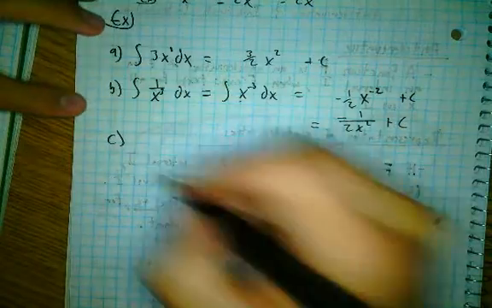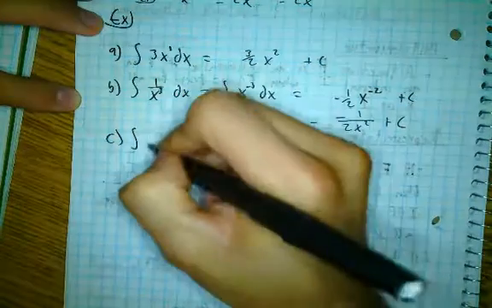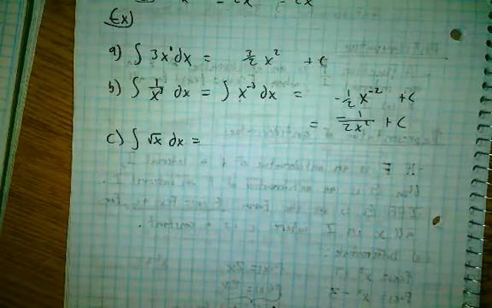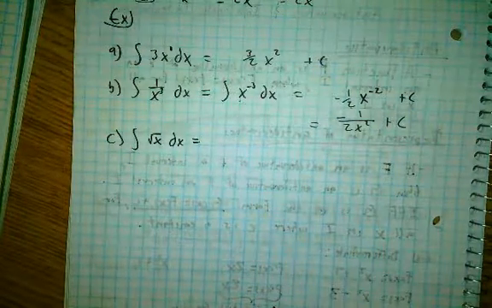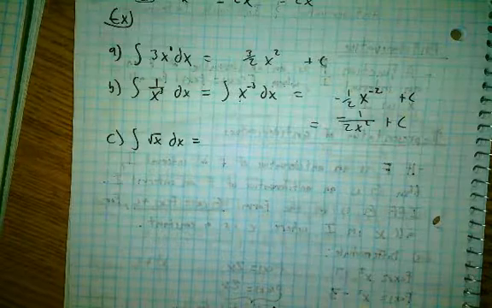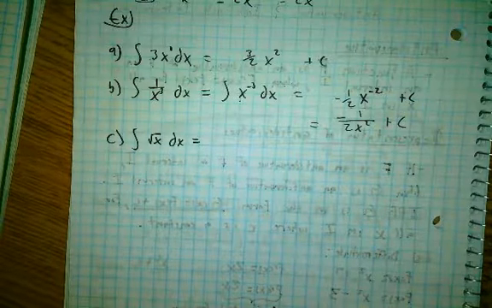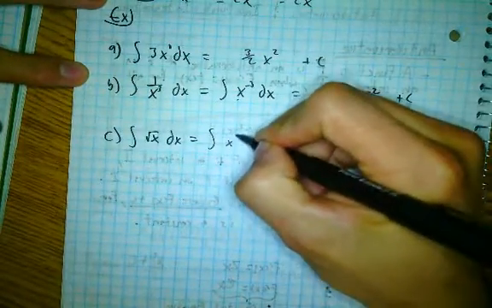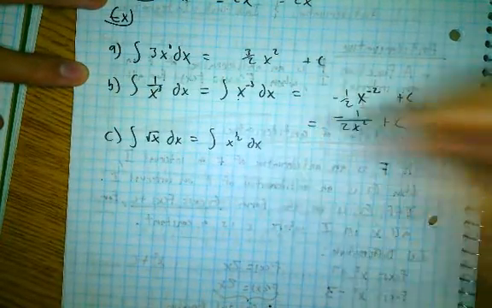Antiderivative of the square root of x with respect to x. Alright, what should you do first? Yep, I would just rewrite this as x to the 1/2 with respect to x, right? What's the answer?